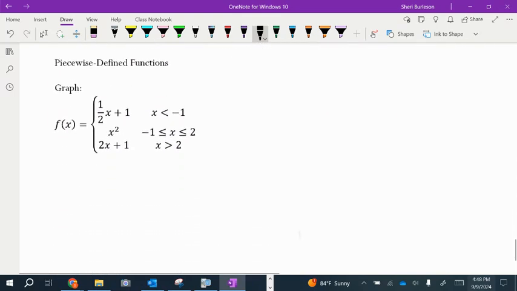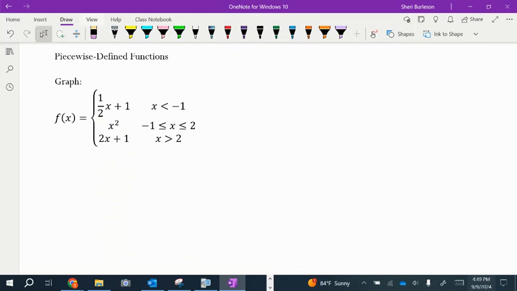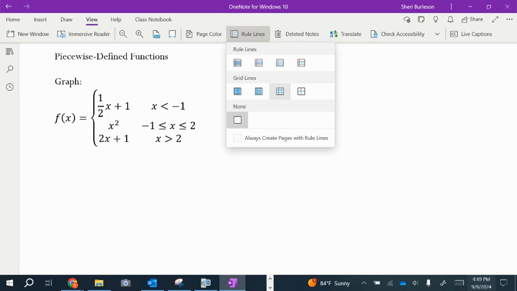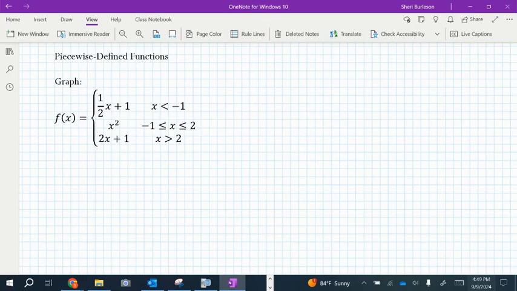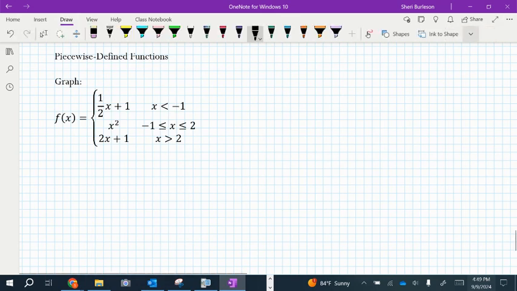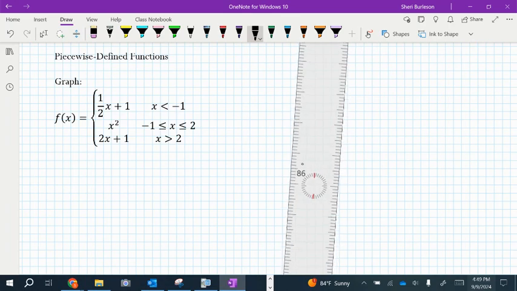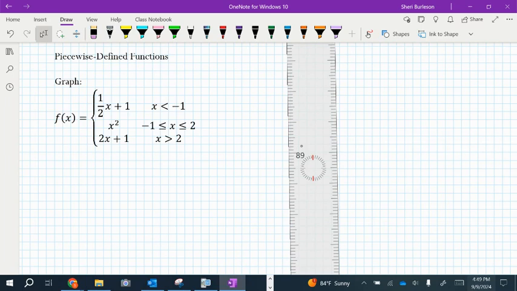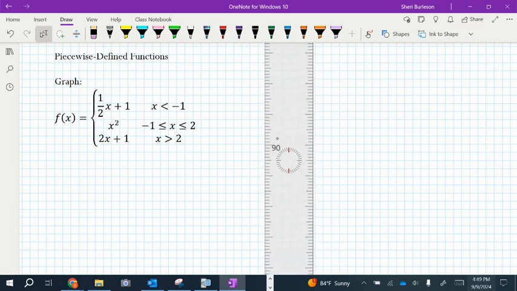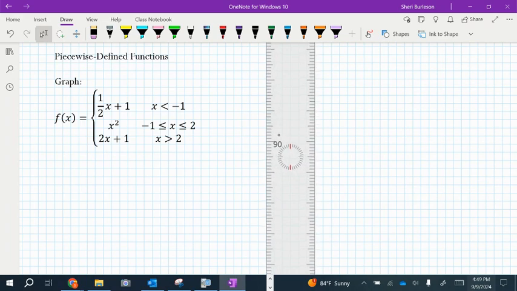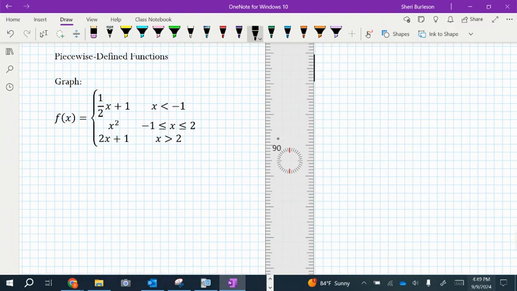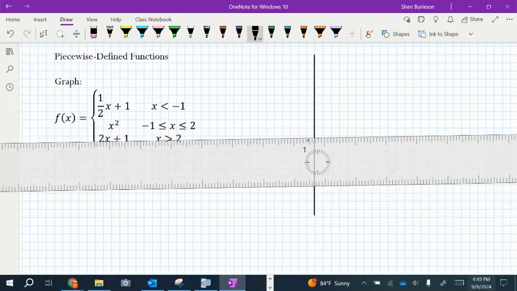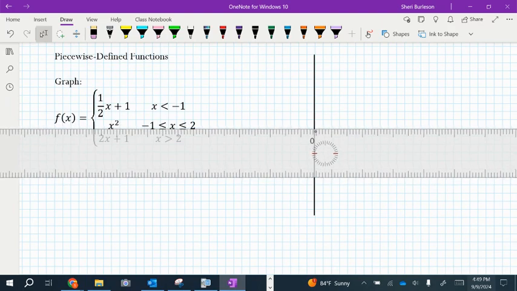The last thing I want to show you is, I'm going to change my background so that I can graph this one easier. I want to graph my piecewise defined function. So I'm going to make my axes. What this means is that one equation is not able to define the entire function.